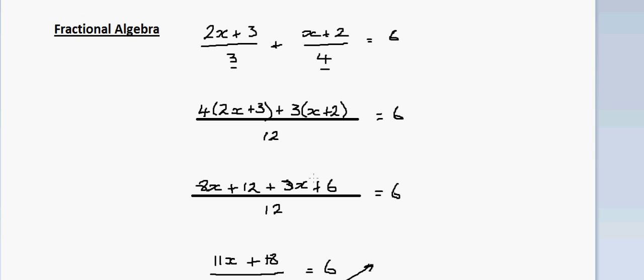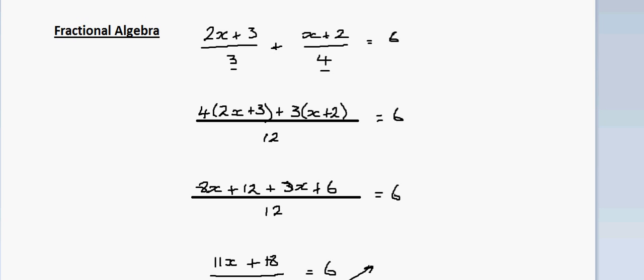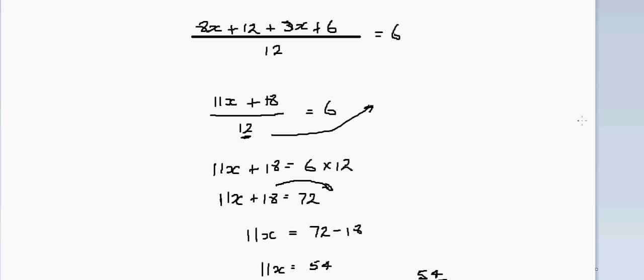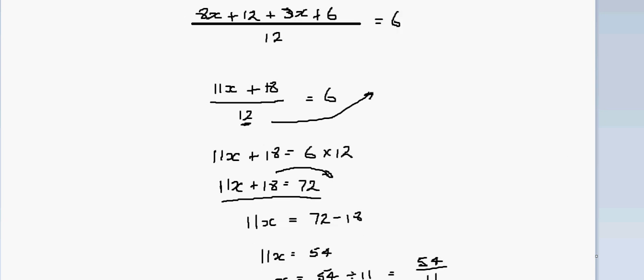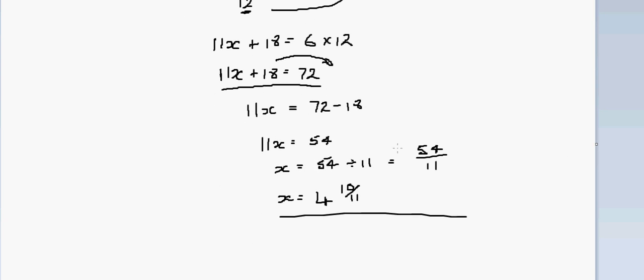Then we simplify this by expanding the brackets. We then simplify this again, and then we move the denominator over and multiply. We then get this straight line equation, and then it's just a question of working it through to get an answer.